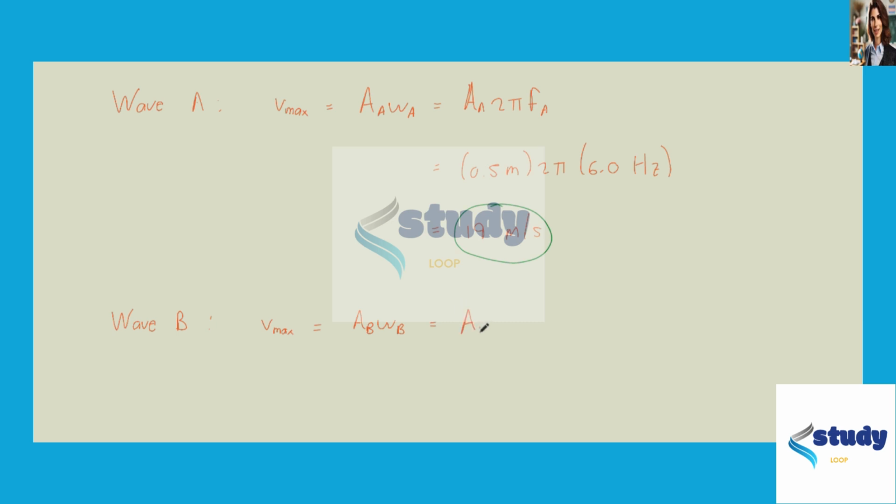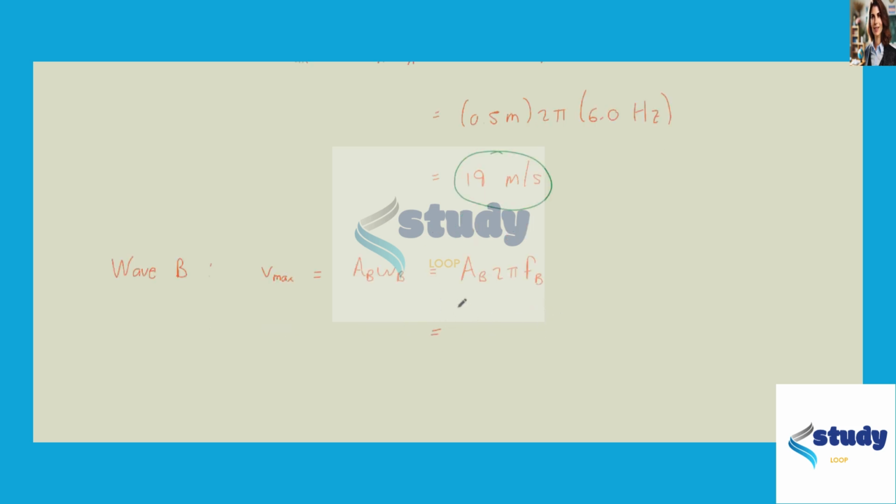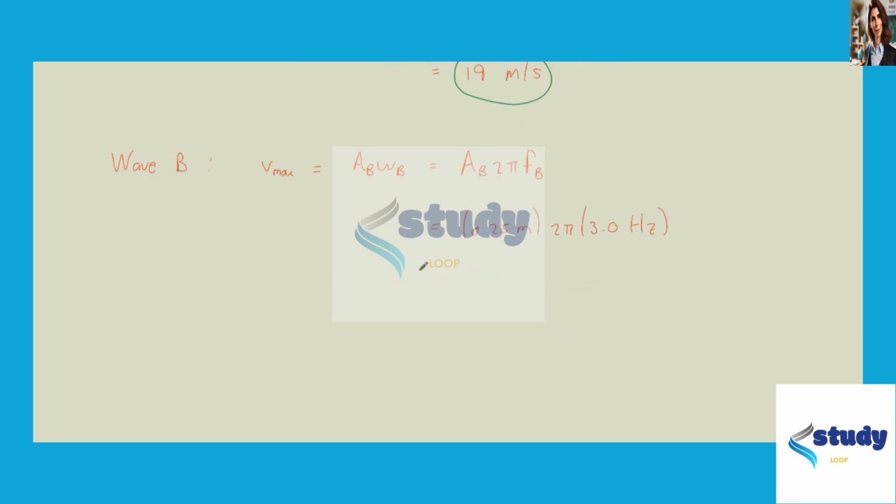And this is equal to the amplitude times 2 pi times the linear frequency, Fb. Again, we know all these values. That's the amplitude of 0.25 meters multiplied by 2 pi. We've calculated the frequency of wave B to be 3 hertz. This gives us the maximum speed of wave B to be 4.7 meters per second.